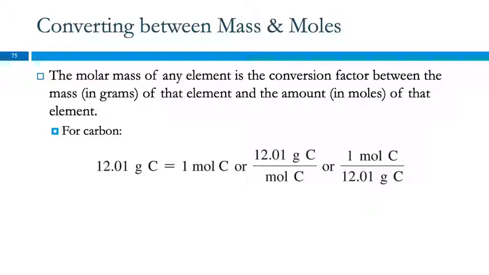I heard about a chemistry instructor in the area who says, it doesn't matter if you round these or not, you can just round them to whole numbers. What? Well, with carbon, it wouldn't matter, right? If you round 12.01 and you just call it 12, not a big deal. What about chlorine?